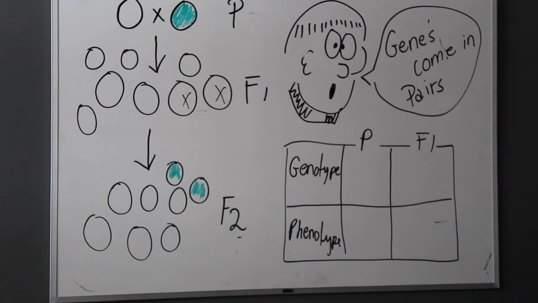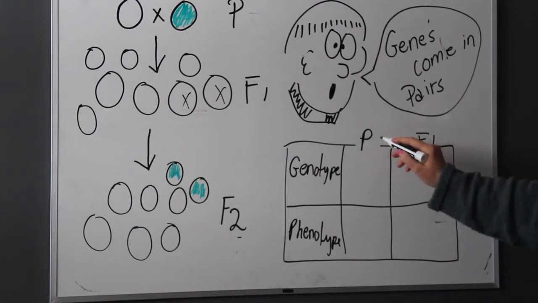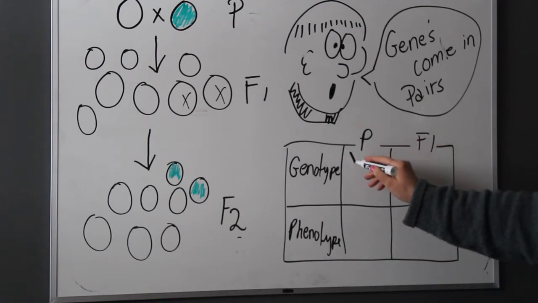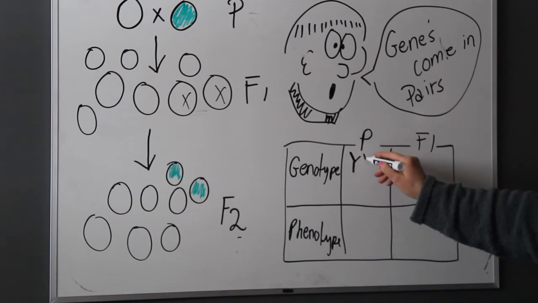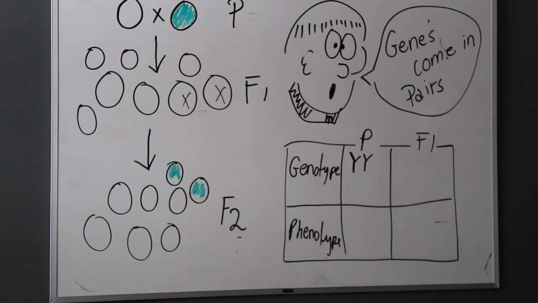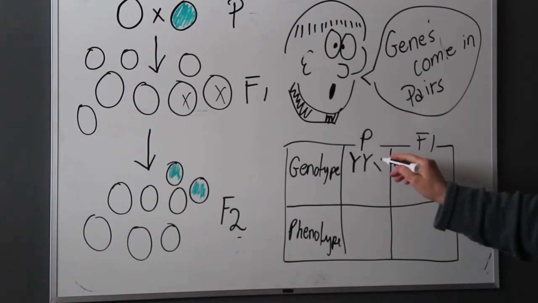This one has genotype, which I already identified for you as meaning the type of genes, okay? So in the type of genes that he had in the P generation, I'm going to go ahead and say he had purebred yellow. And notice I've made those Ys capital Y because we just know them to be dominant. And then he crossed them.